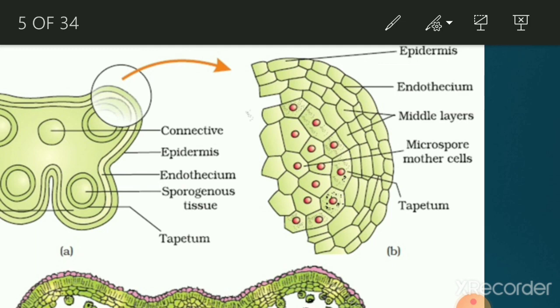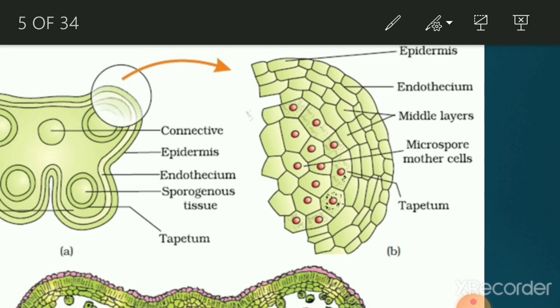And the inner mass of the microsporangium or the anther consists of the microspore mother cell. They are basically from sporogenous tissue, and each cell of sporogenous tissue can act as a microspore mother cell. This microspore mother cell, by the process of meiotic cell division, can produce 4 microspores, that is 4 pollen grains.